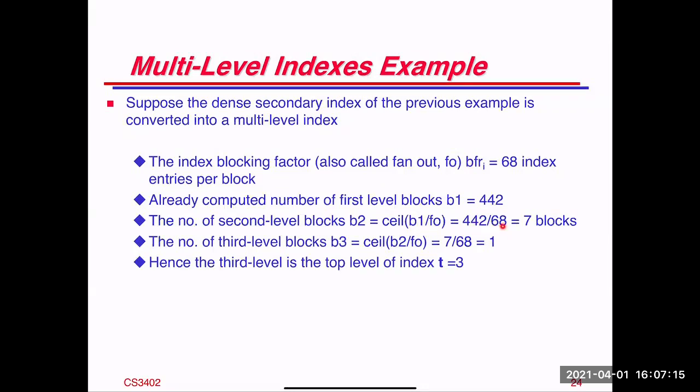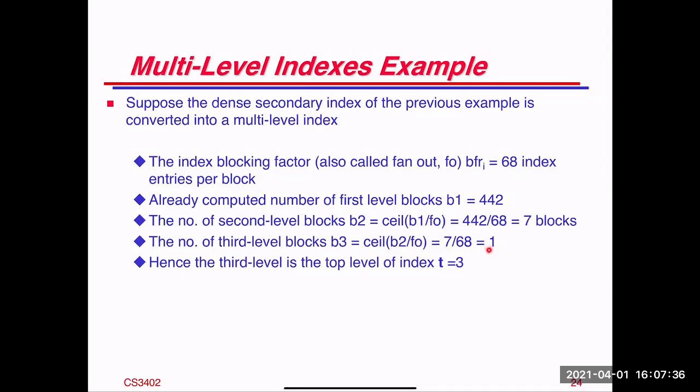Plugging this in, we can see that we need 7 blocks on the second level. Then we move on to the third level. We plug in the number of index blocks that we had on the second level and divide that by the fan out, and again, we take the ceiling of that.